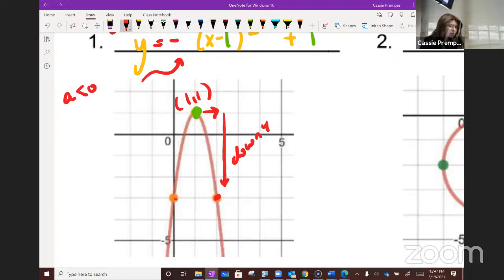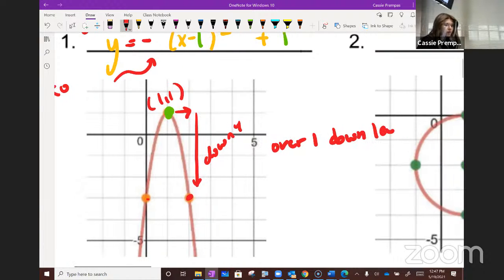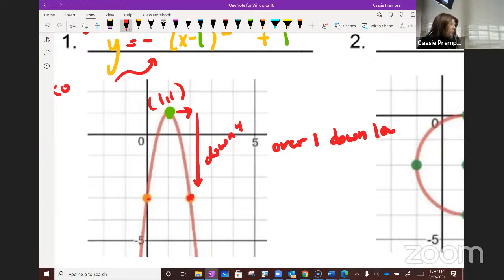we looked at yesterday how there's a pattern that works with parabolas, where if you go over 1, and you go down 1 times a, you can get to the next point on your parabola. So if I went down 4, in this case, 1 times the value of a has to equal 4.